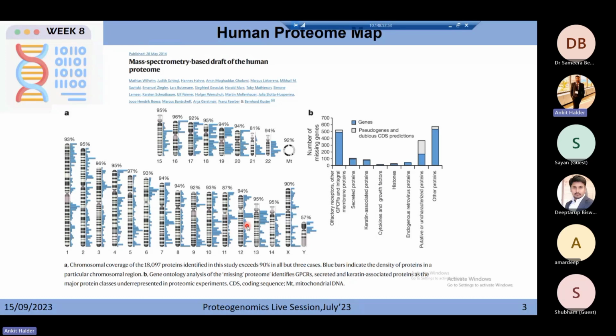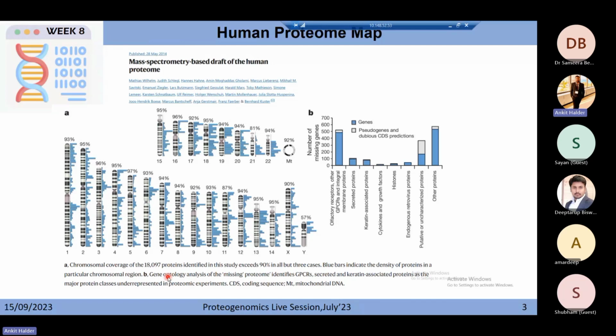Another is to use mass spectrometry based approaches to identify your proteins. This is one of the groups that tried to do it using the mass spectrometry based draft of the human proteome. Here you can see that it provided the chromosomal coverage of 18,097 proteins identified in the study.